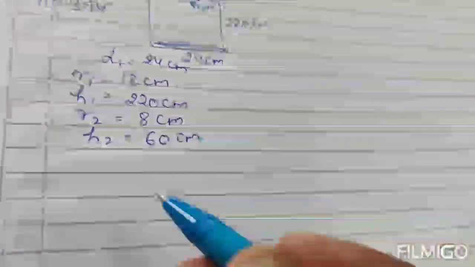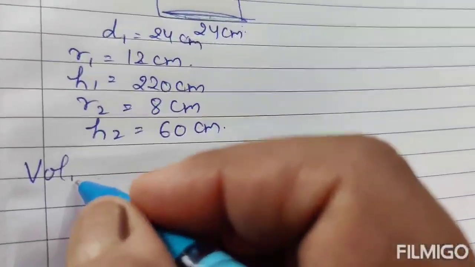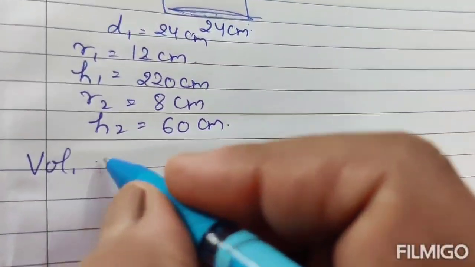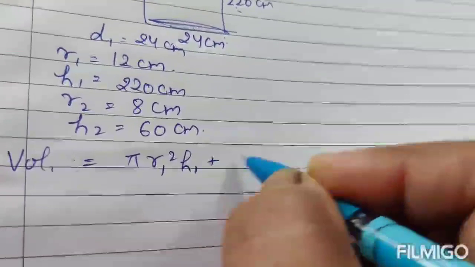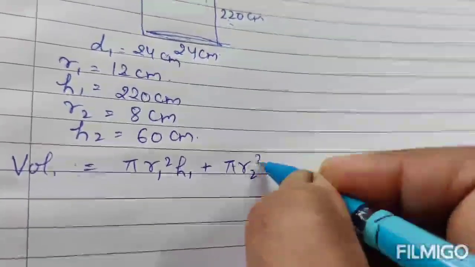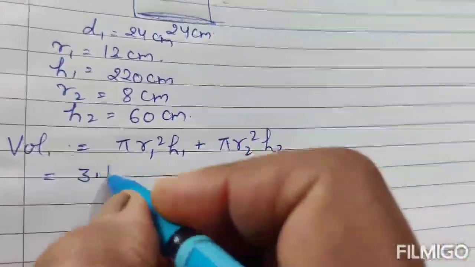The volume of the solid, the volume of the pole equal to pi R1 square H1 plus pi R2 square H2. Pi common, it means 3.14.